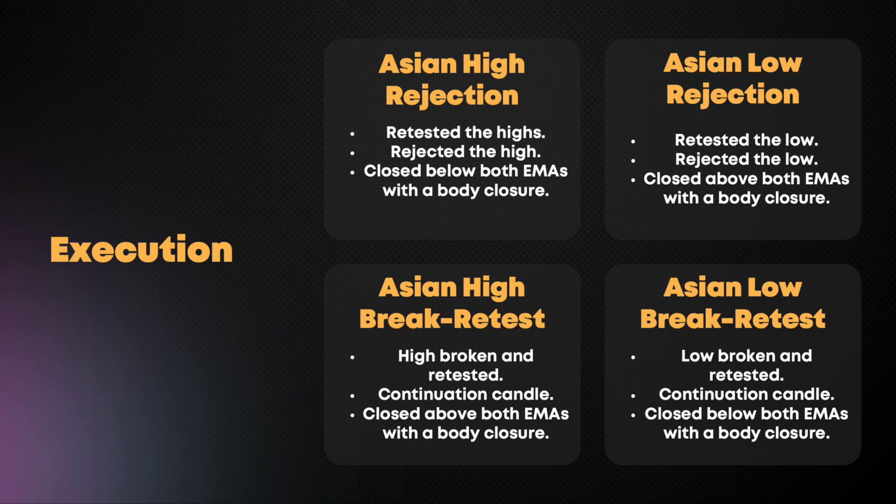Asian high rejection is basically where you see that after the London session is opened, the market retested the Asian high, the highest point of the Asian session, rejected the highs, and closed below both of the EMAs with a body closure.